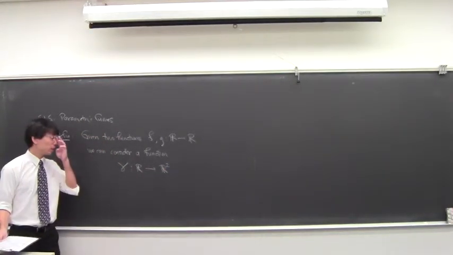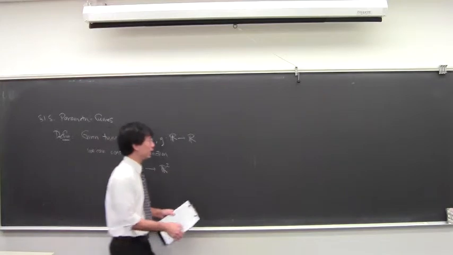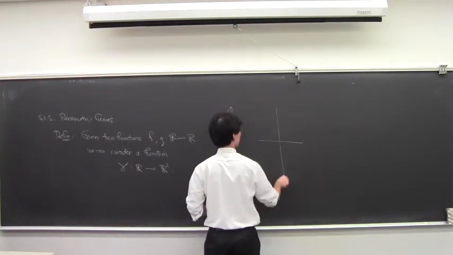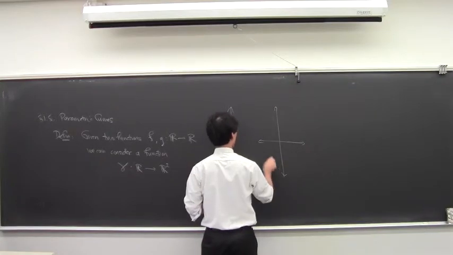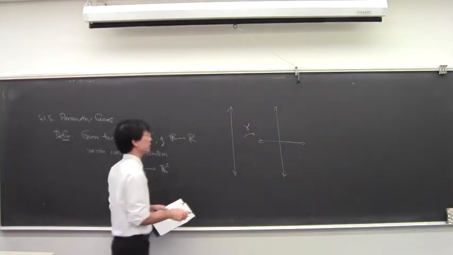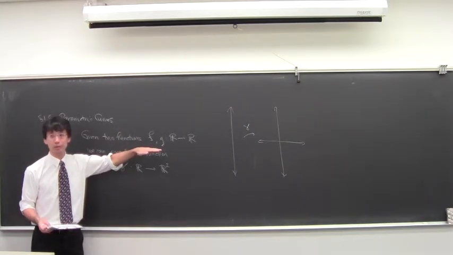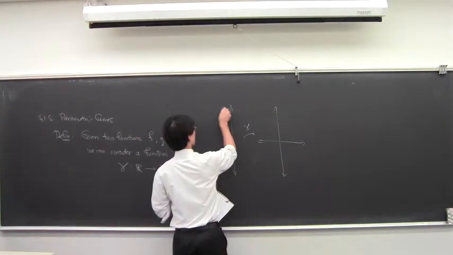Okay, so it goes from R into the plane. So gamma is going to go from R, the real line, into R2, the plane.